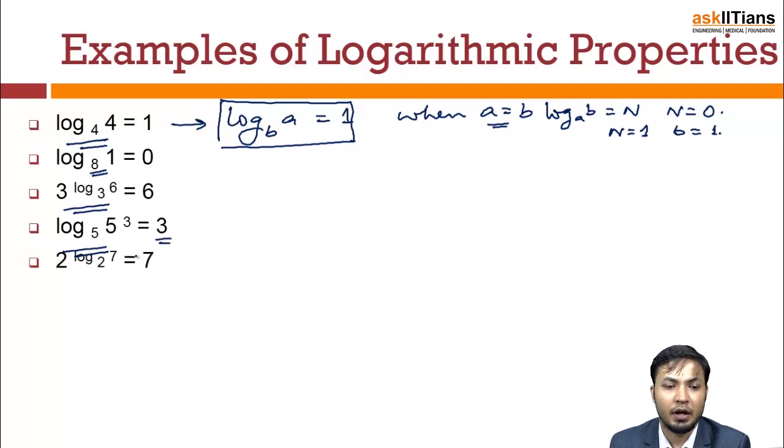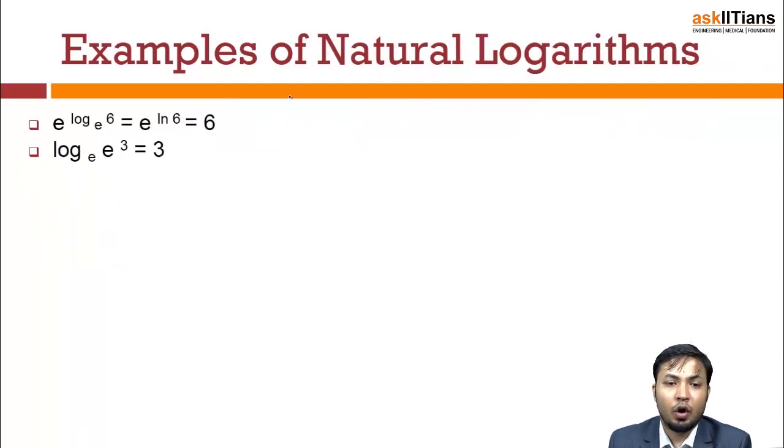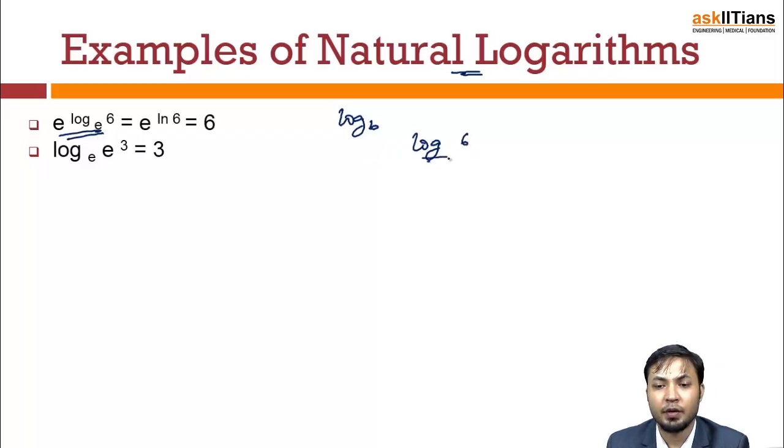Now, examples of natural logarithms. If I have some base, it is not a natural log. If I write simple log 6, this becomes a natural log. Why? In that case my base is e.